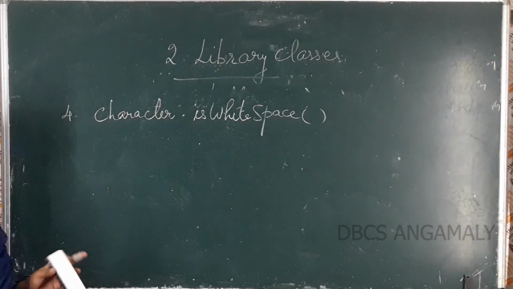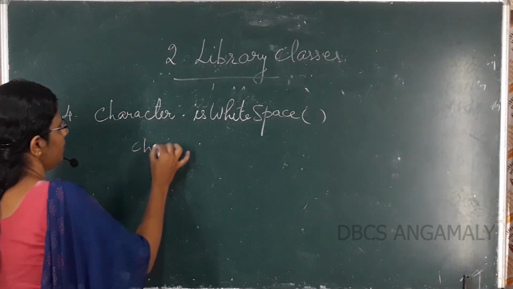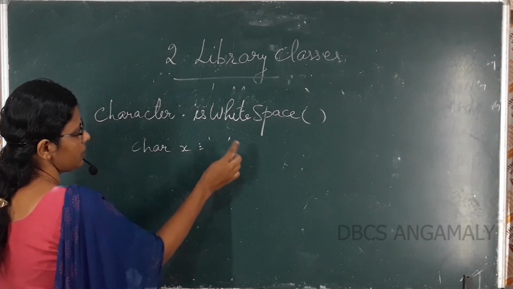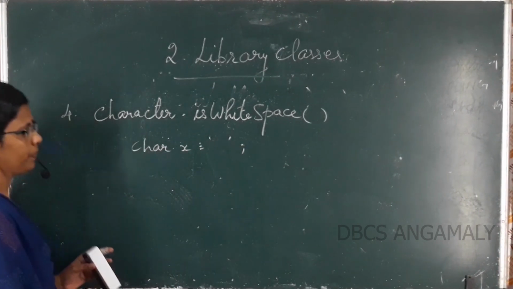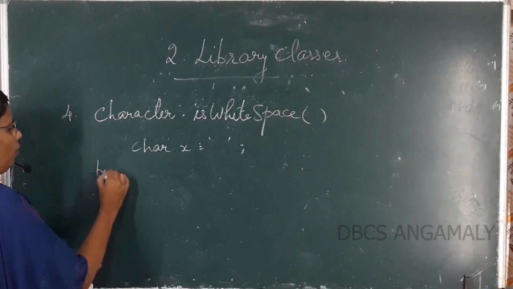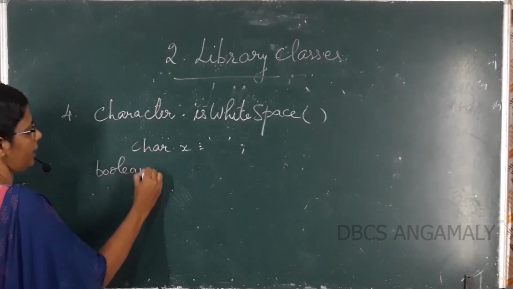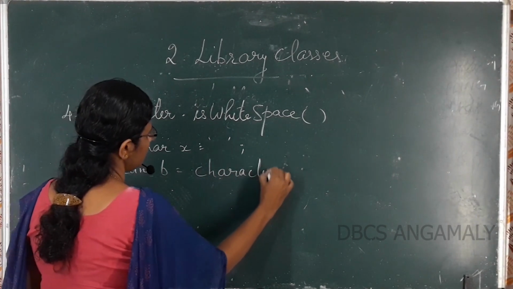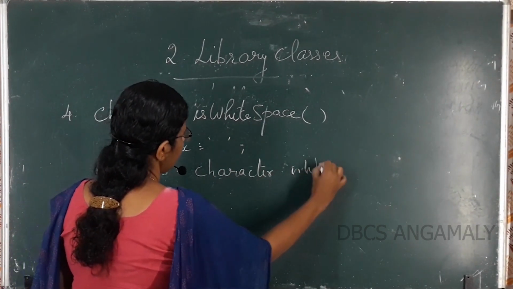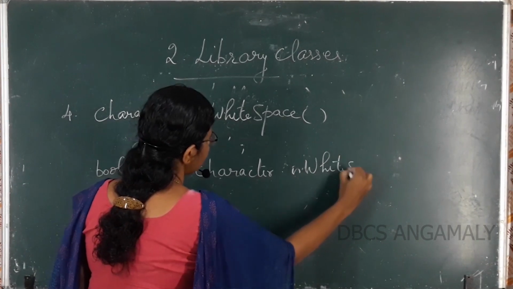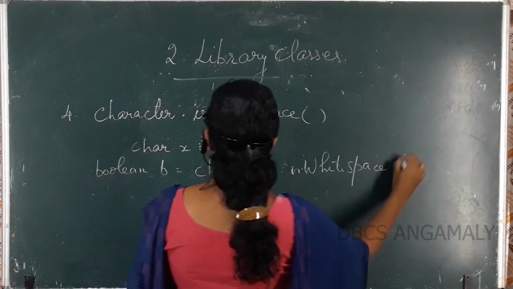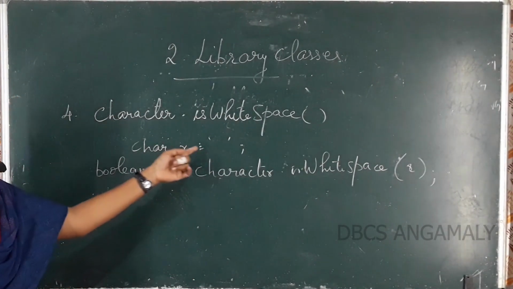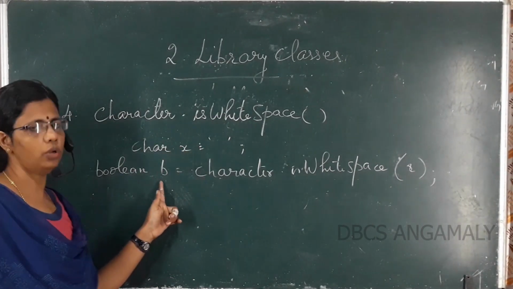Suppose you are going to store, for example, char x is equivalent to a white space. A space within single quotes indicates it is a space. Now if I give boolean b is equivalent to Character.isWhitespace of x, since I have stored a white space in x, my b will hold true.